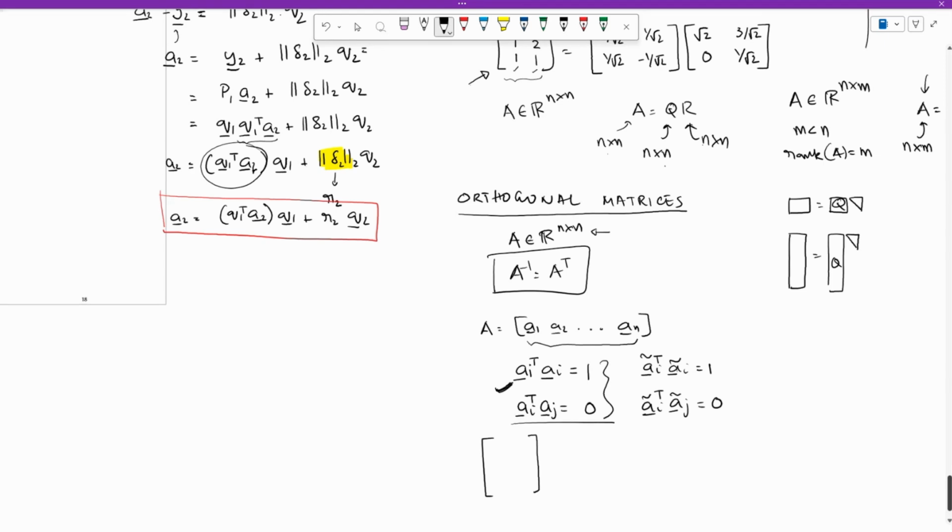Let's say I call this matrix B. The columns could all have length 1, and the columns could be all mutually perpendicular to each other. In that case, the columns of this matrix will form an orthonormal basis for the column space of that matrix.